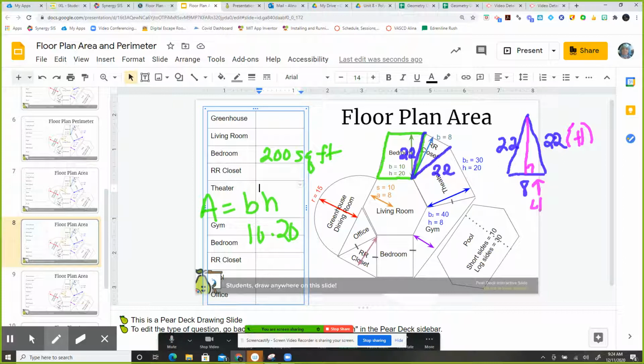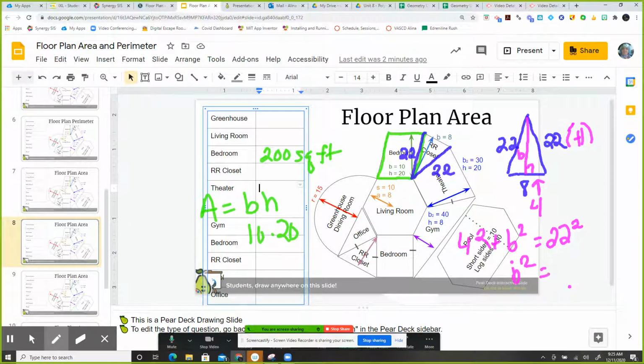4. So if I do a squared plus b squared equals c squared here, I'm looking for the b. I'm looking for that height. So 4 squared plus b squared equals 22 squared. When you solve that, you want to square them and then subtract.